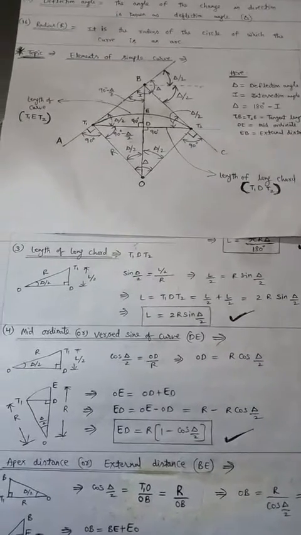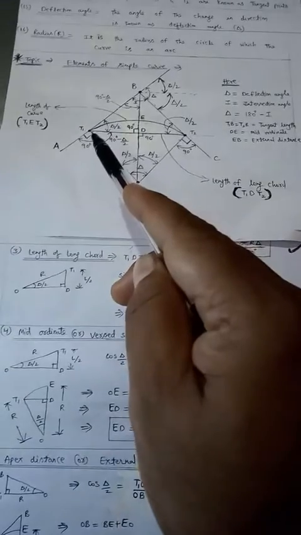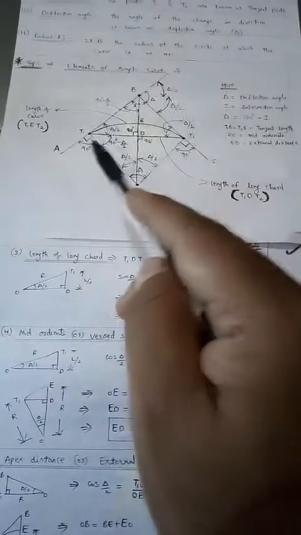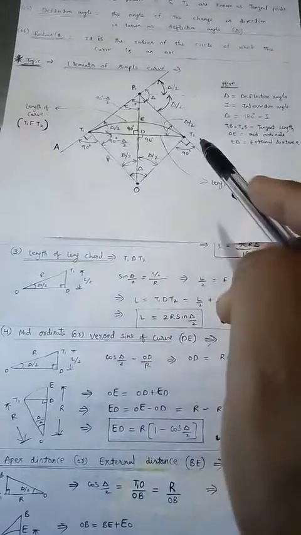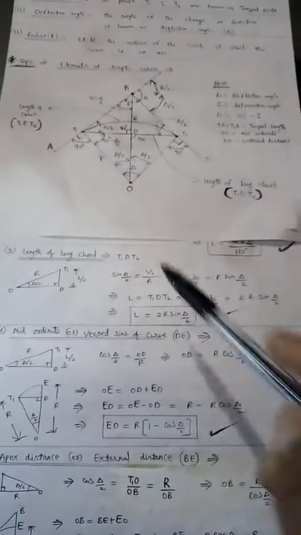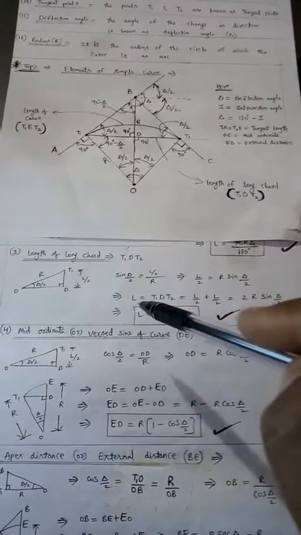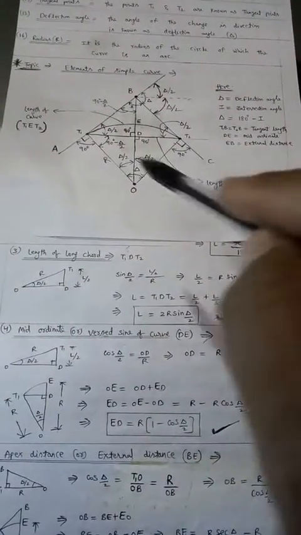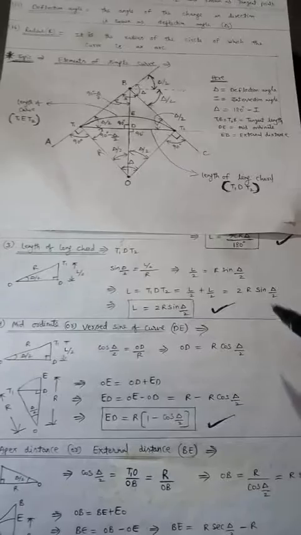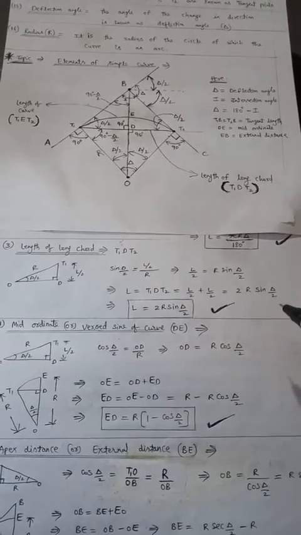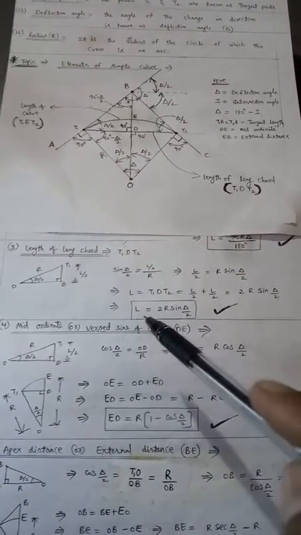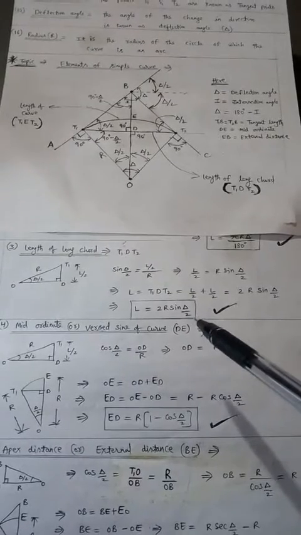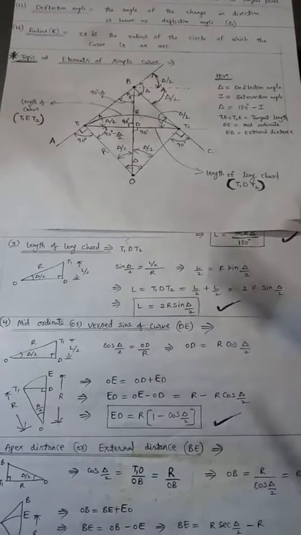Length of long chord means the total length, so by adding the other L by 2 we get total length L. Finally L equals 2R sin delta by 2. This is the length of long chord formula.